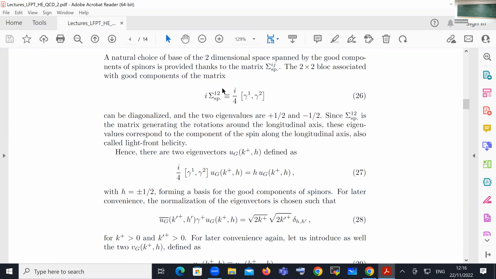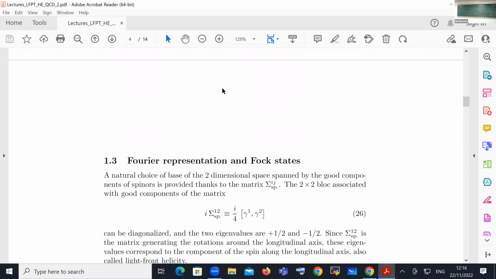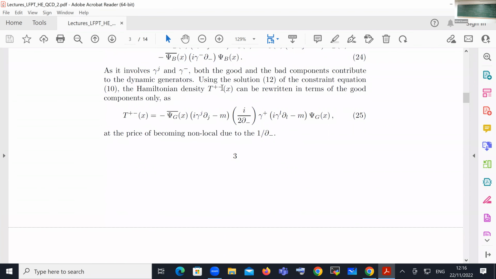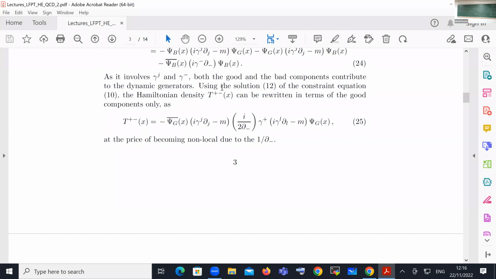Could the non-locality cause something bad with causality? It might be, yes. I don't know. In principle it's not clear, but this whole construction is studying the same theory as when you do evolution along a time-like direction, like in instant form.